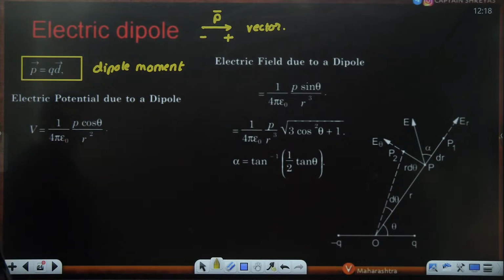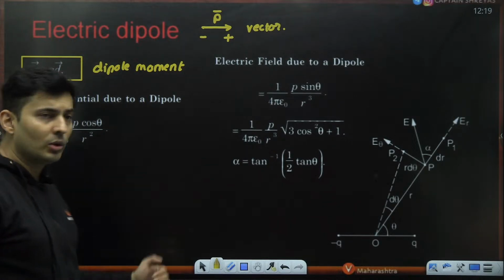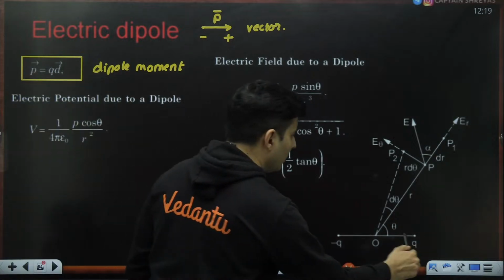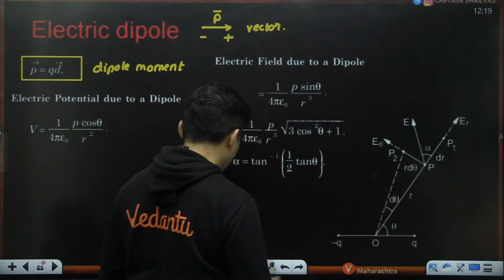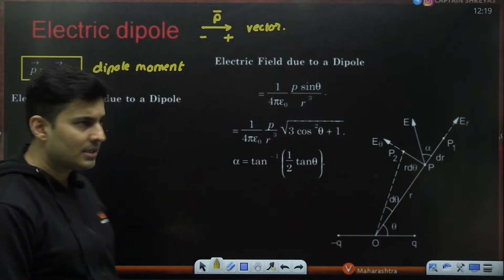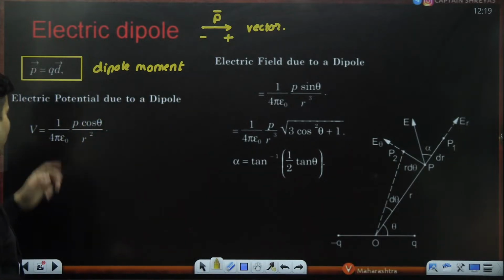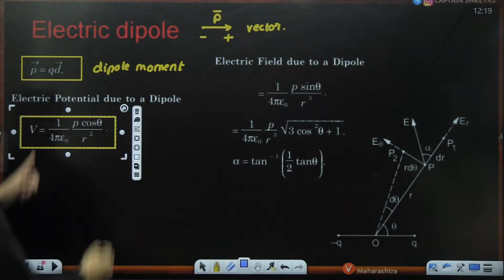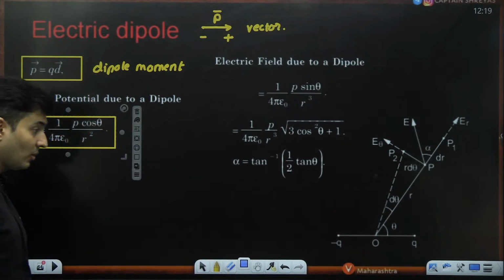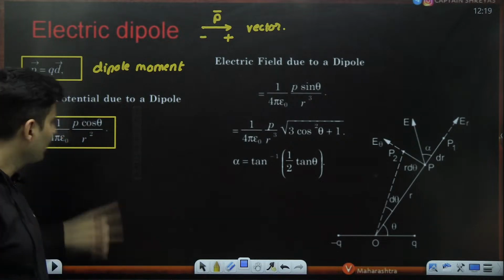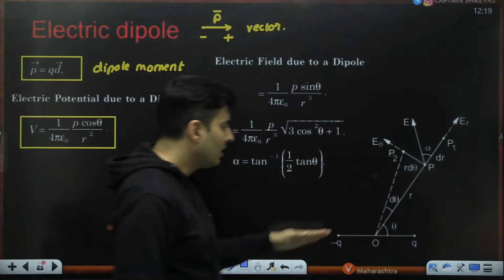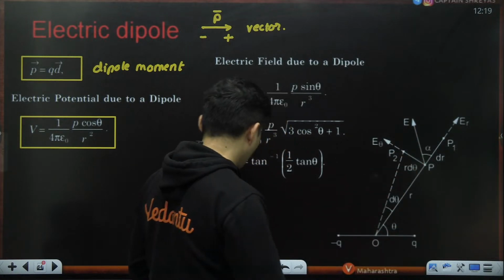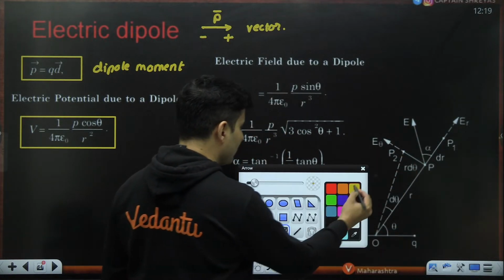Now, if you find the potential and field due to a dipole, there are two formulas, guys, which you should remember. If there is a dipole, around it there will be electric field lines and equipotential lines. At any distance r from it, the potential is given by k p cos theta by r square, not r. What is that theta? The angle which you are making with respect to the dipole.